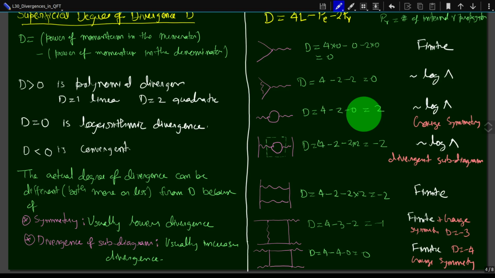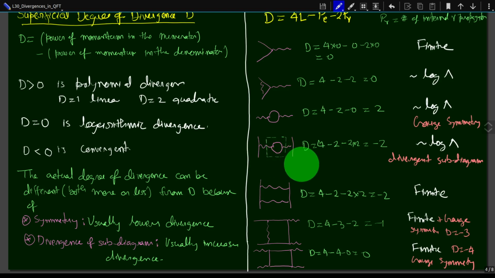Each of these external photons leads to certain symmetry transformations that have to be performed, and that leads to the actual degree of divergence being less than the superficial degree of divergence. So this is an example of symmetry. And here there is another diagram which has a sub-diagram which is divergent.